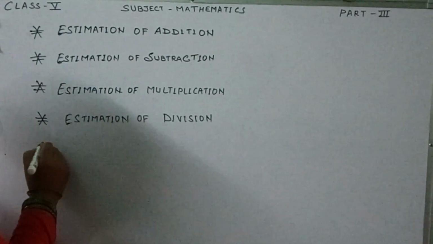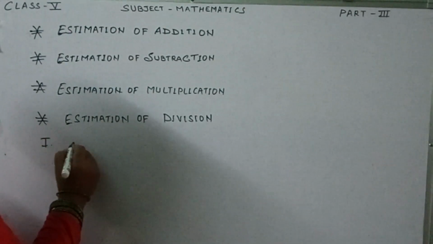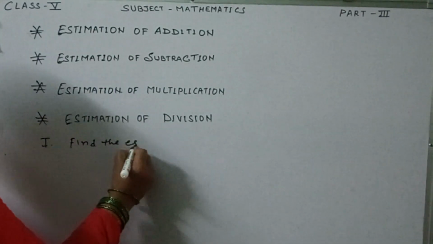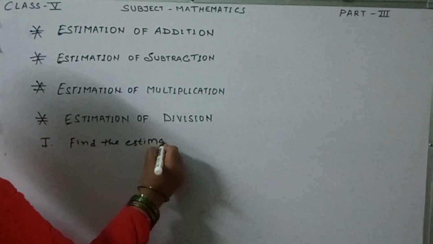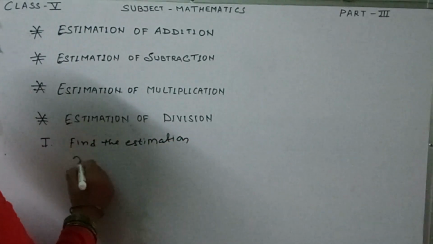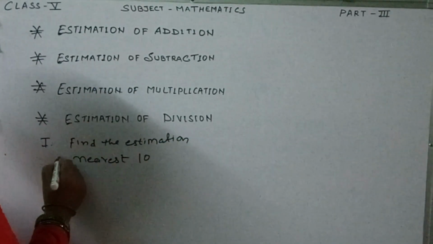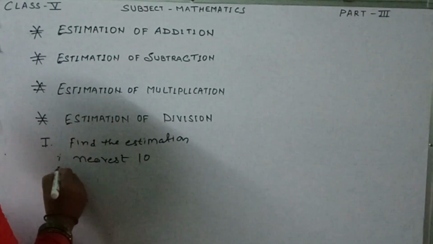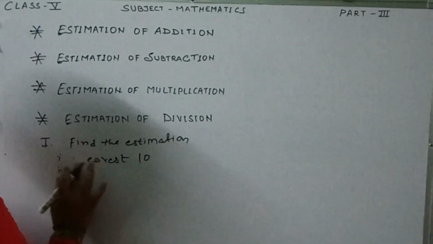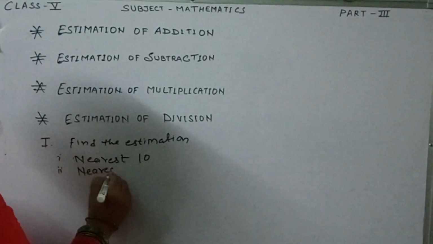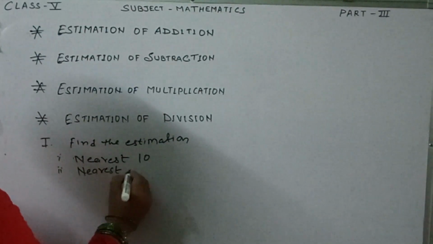I will give an example, and you have to find the estimation. Three questions will arise here. The first one is to find the estimation nearest 10. The second one is nearest 100.